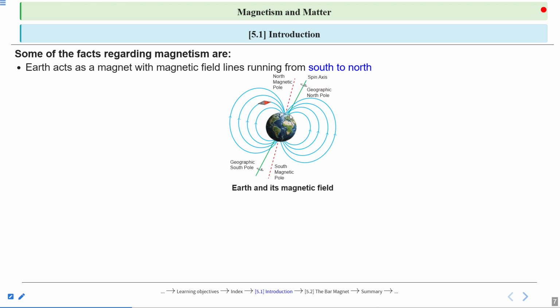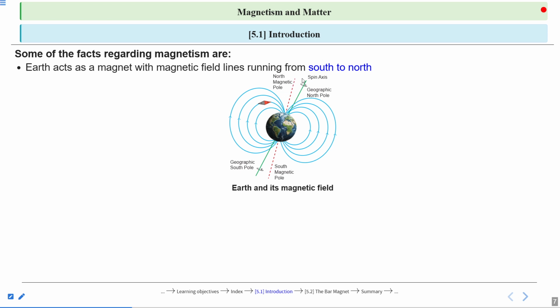This is the geographical North Pole, and the magnetic pole near this geographical pole is known as the North Magnetic Pole. The magnetic pole is very close to the geographical pole, but they don't actually coincide. They are at some distance.